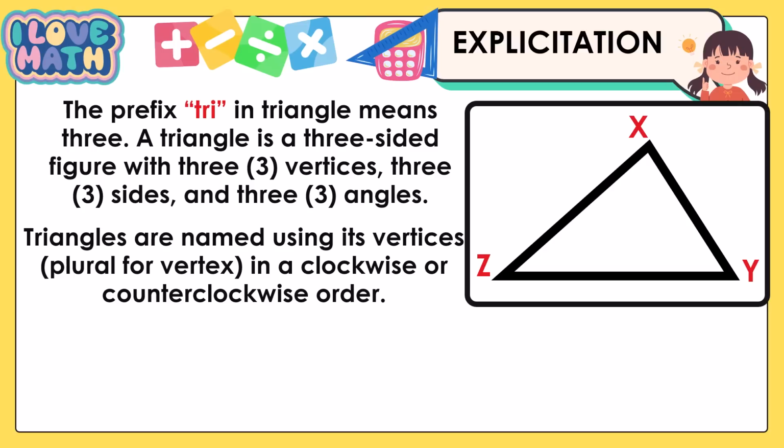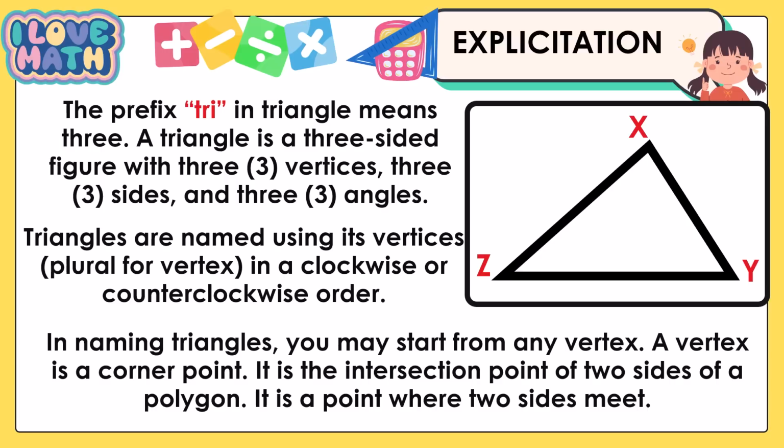Triangles are named using its vertices, the plural for vertex, in a clockwise or counterclockwise order. In naming triangles, you may start from any vertex. A vertex is a corner point. It is the intersection point of 2 sides of a polygon. It is a point where 2 sides meet.